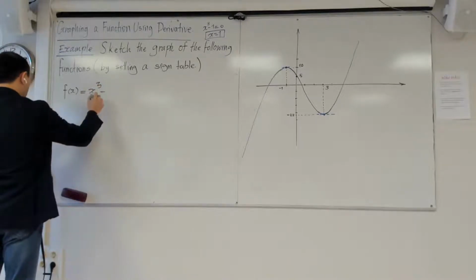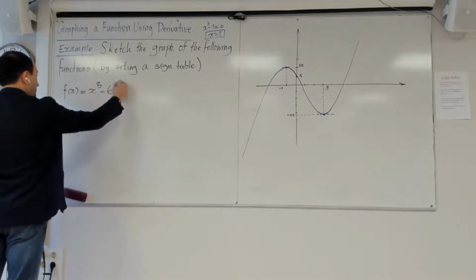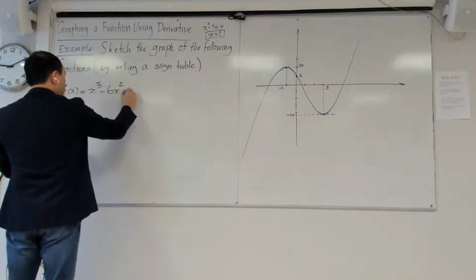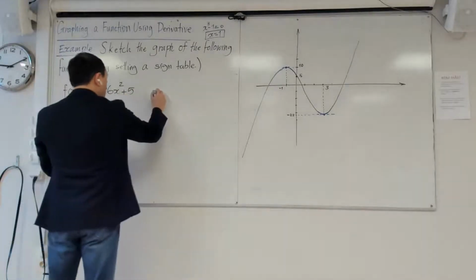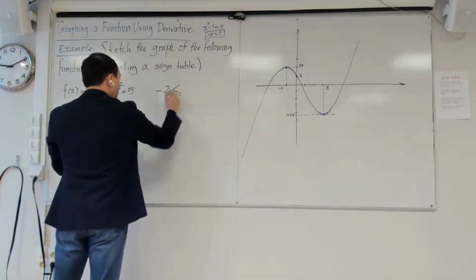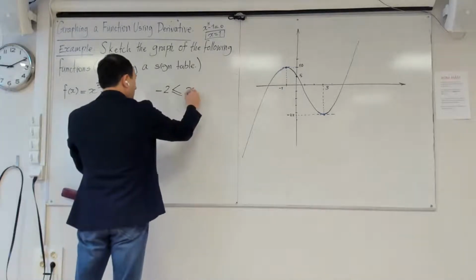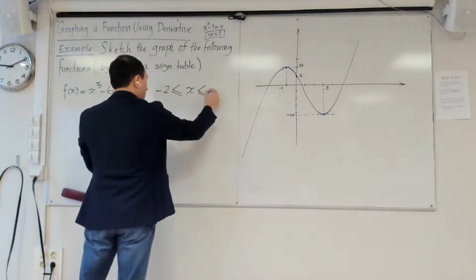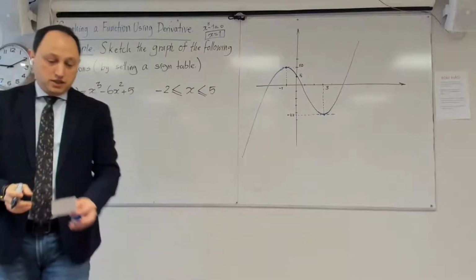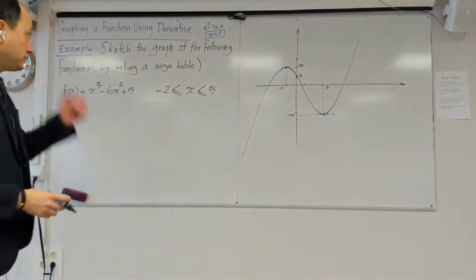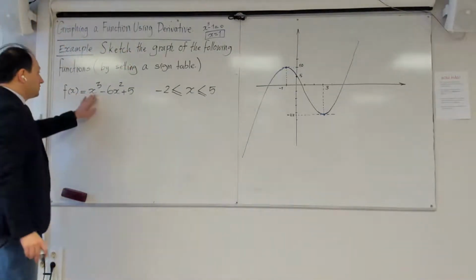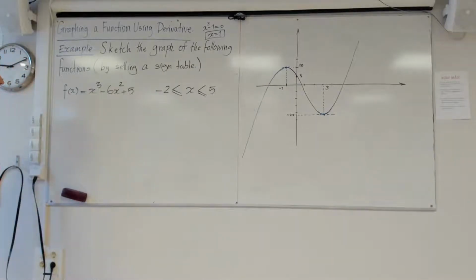The interval given is minus 2 less than or equal to x less than or equal to 5. So more or less, this is the same problem. But what I want to do is sketch the graph of this function.